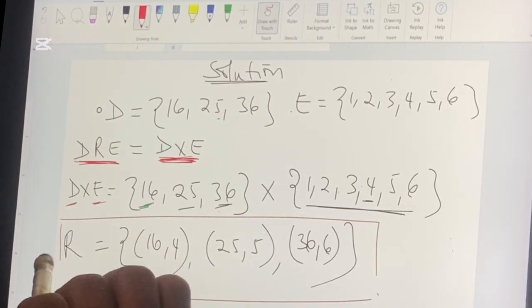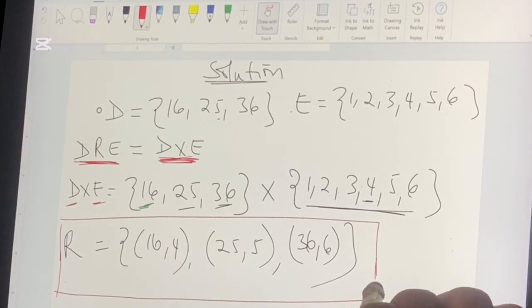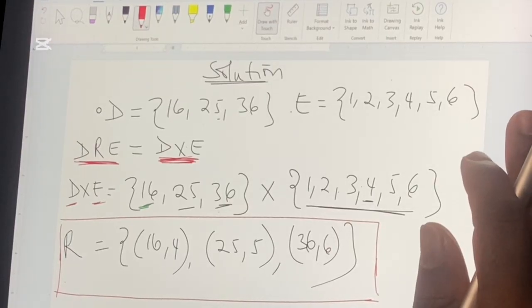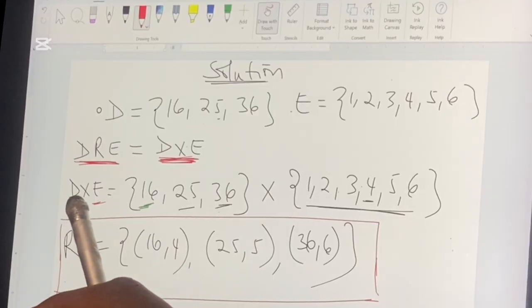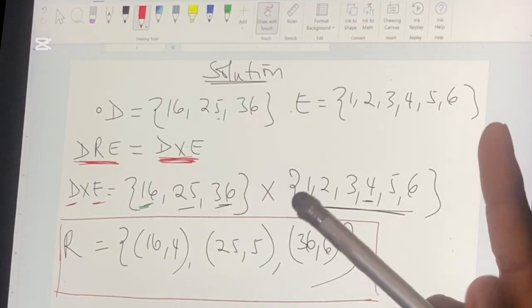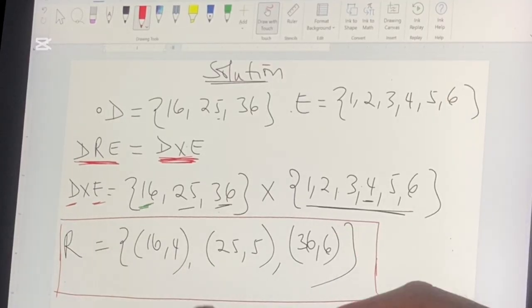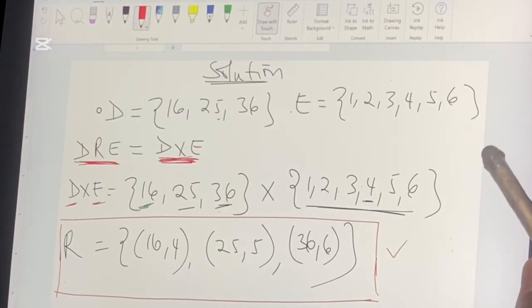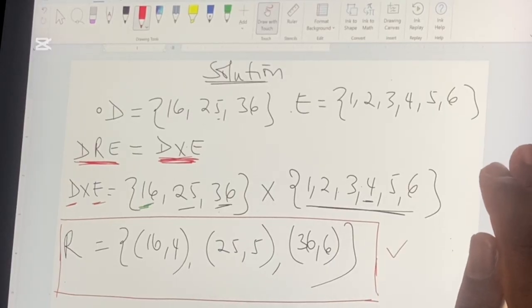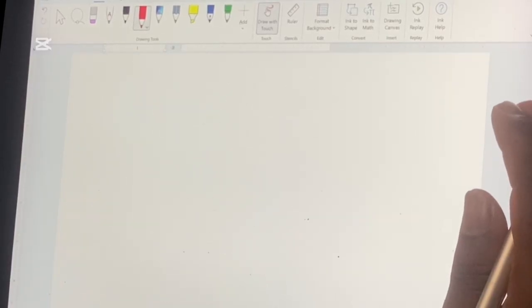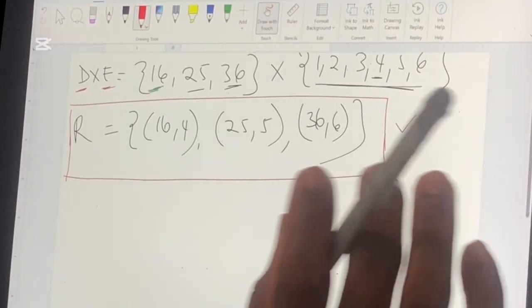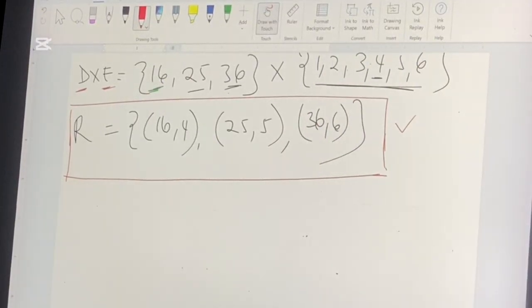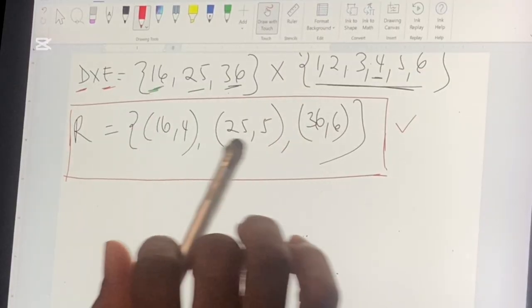Class, we are not asked to find the relation of these sets. We are asked to find the domain of the relation. But for us to find the domain of a relation, we have to know the relation, or the relation has to be given to us. Now, this is the relation here. To find the domain of this relation, we know that the domain of a relation is the collection of the first entries, that is, the first element in each pair.